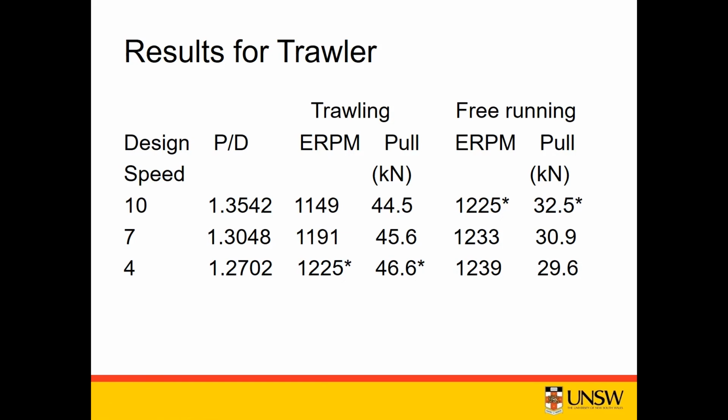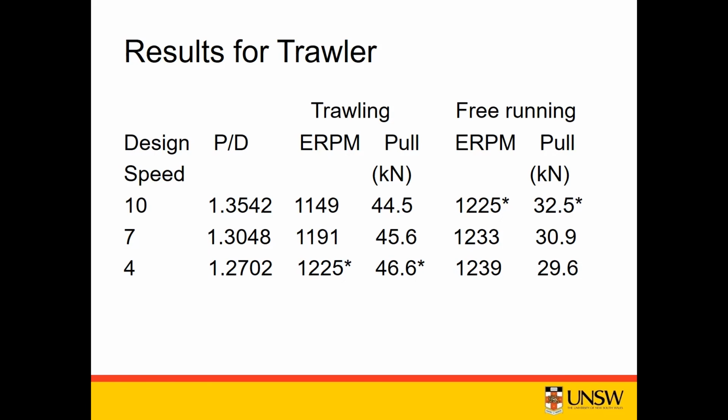It's better than the free running design in the trawling condition, and it's better than the trawling design in the free running condition. So it depends very much on what the owner decides is most important for him. For some owners, they want their best performance when they're trawling.